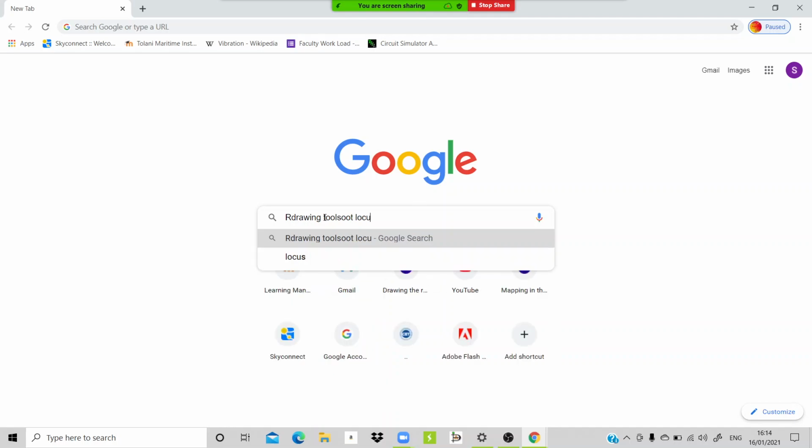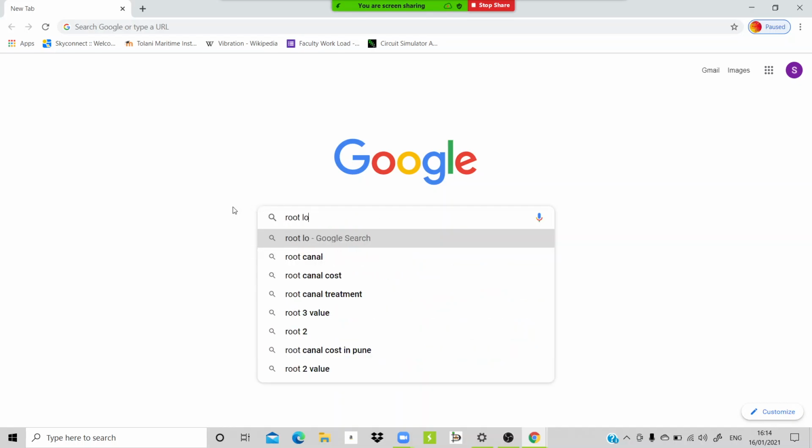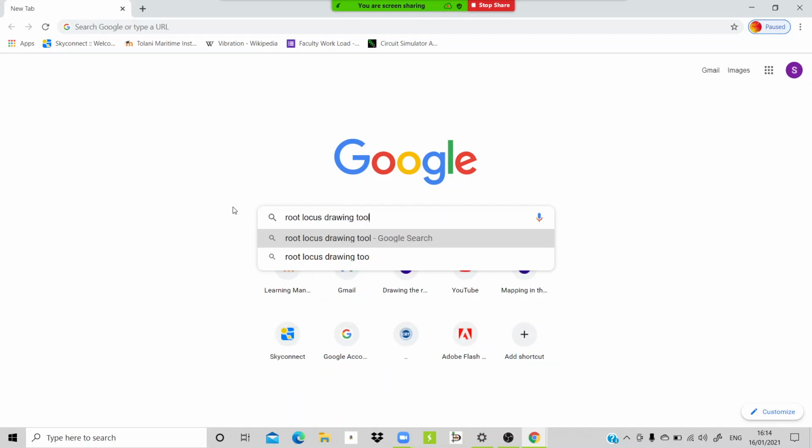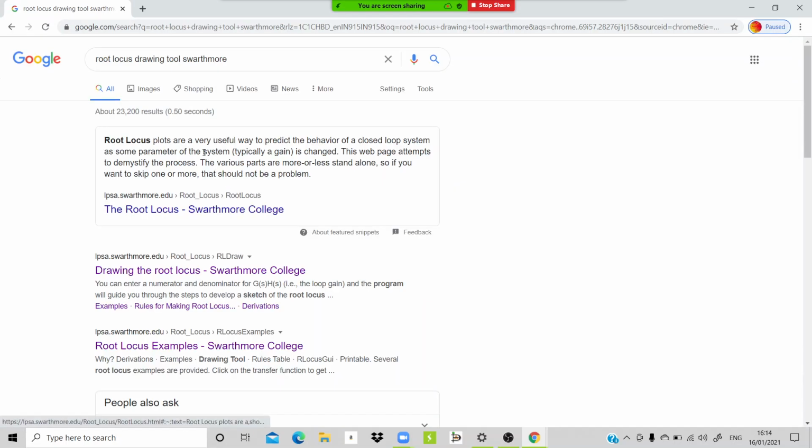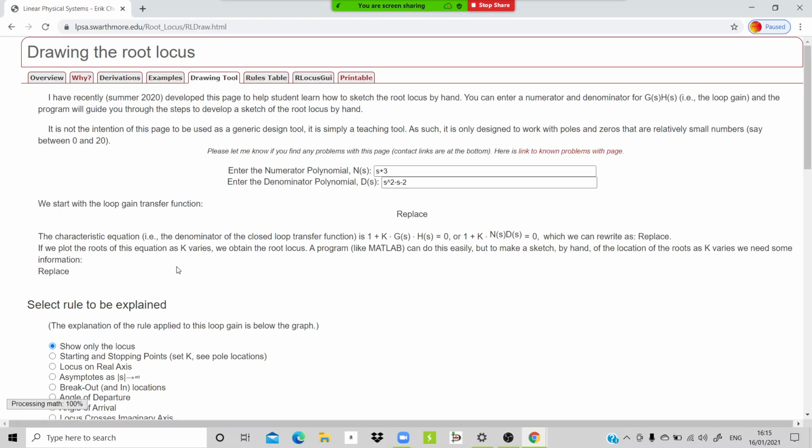Root locus drawing tool, Swarthmore. Yeah, so we are on that page, right?